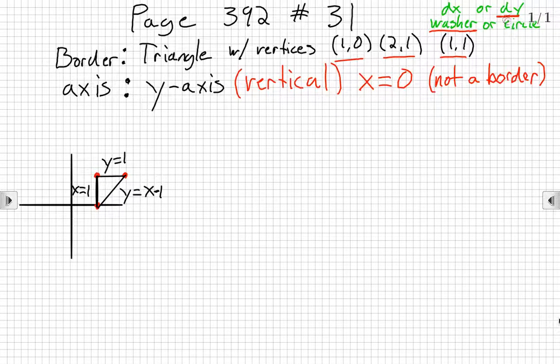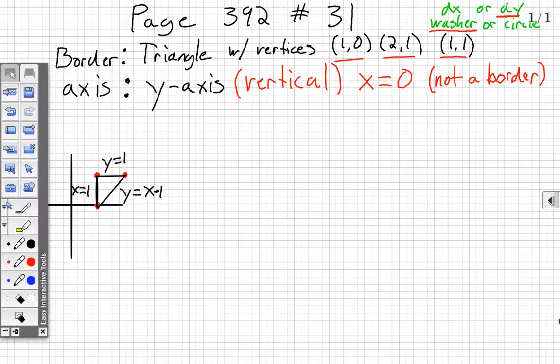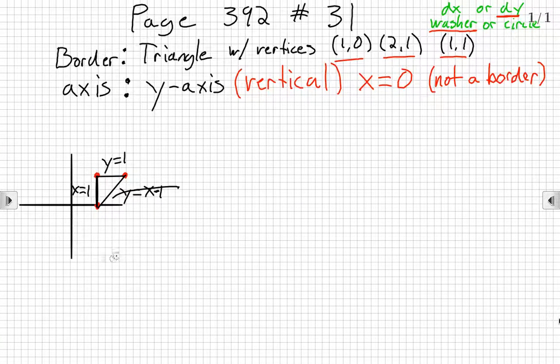And our integration is going to be dy. Now that we recognize dy integration, it's a good idea to take any function that uses x as the variable and rewrite it as a function that uses y as the variable. So y plus 1 is really how we want to think of this linear equation, because we're going to be doing dy integration.